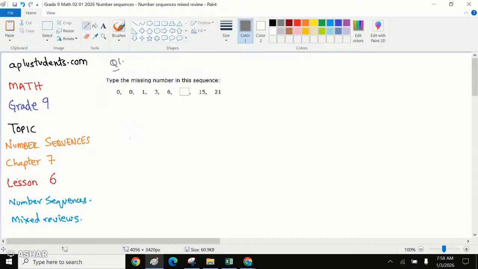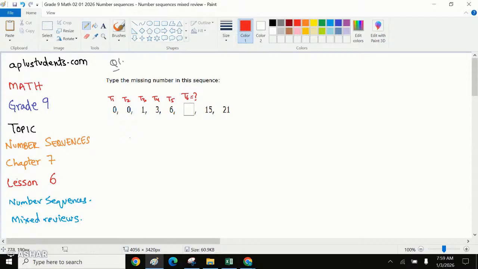The first number was 0. We need to find the pattern. Normally this is 0, 1, 3, 6, and so on. What we need to see is the term numbers, so we write them over here: term number 1, term number 2, term number 3, term number 4, term number 5, and we need to find term number 6.